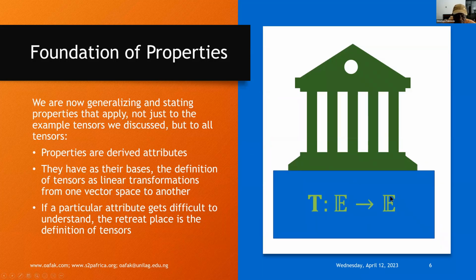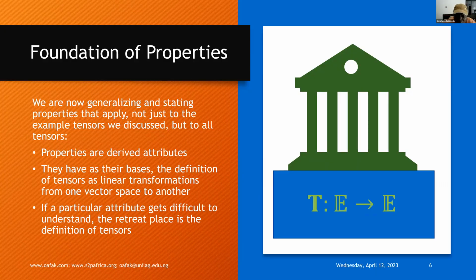If you have any difficulty with what a tensor is, you go back to the definition, and then you see that that definition is valid. So don't worry about anything. Your base is the definition, which is based on the way it works with vectors.